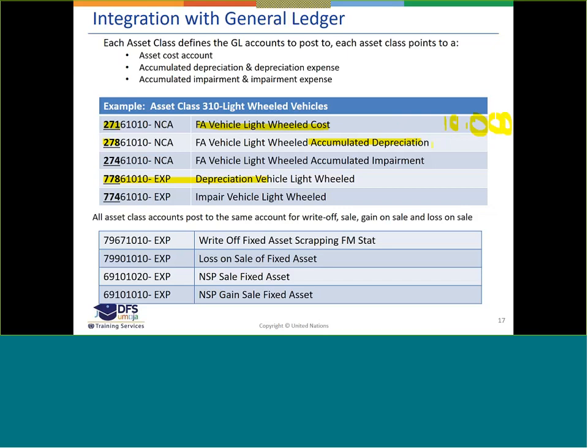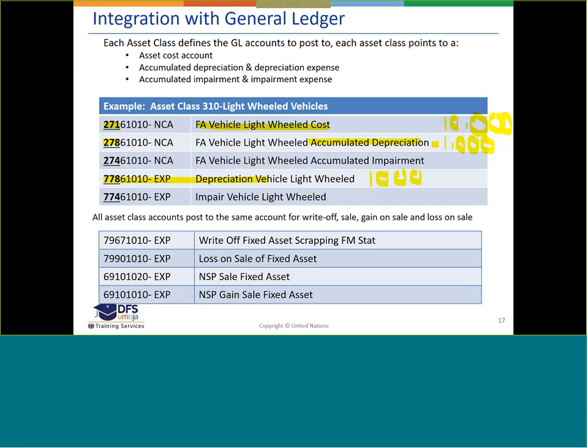So after the first year, we will have a credit of 1,000 in the accumulated depreciation. And while we are depreciating the asset value, we are recognizing the expense of the depreciation. So we will have a debit of 1,000 in the depreciation expense account.